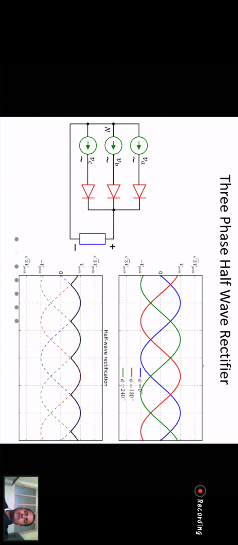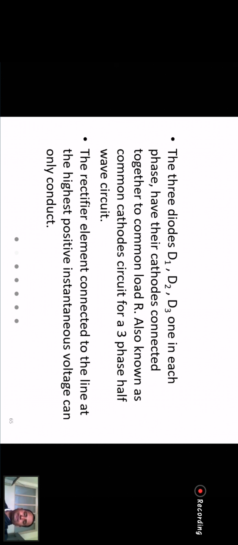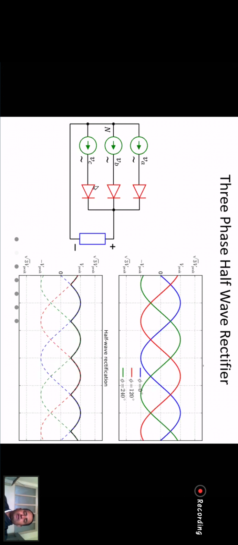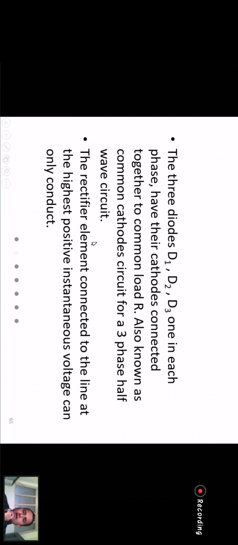Now this is a three-phase half-wave rectifier. All three diode cathodes are connected together to a load, with VA, VB, and VC feeding the diodes.